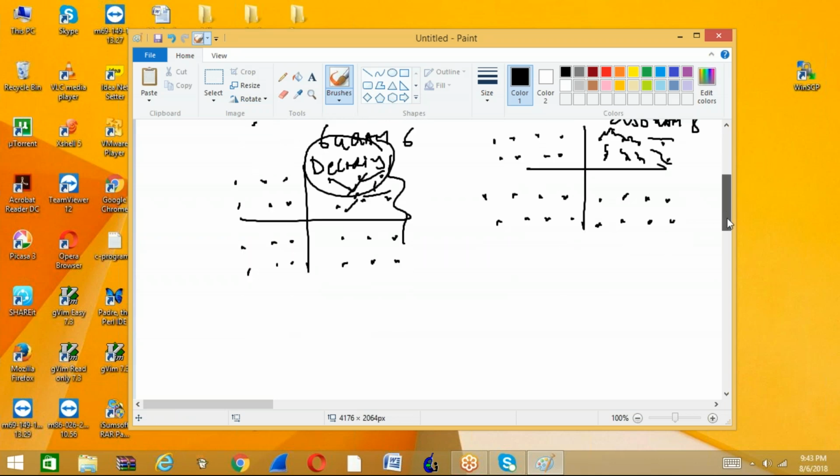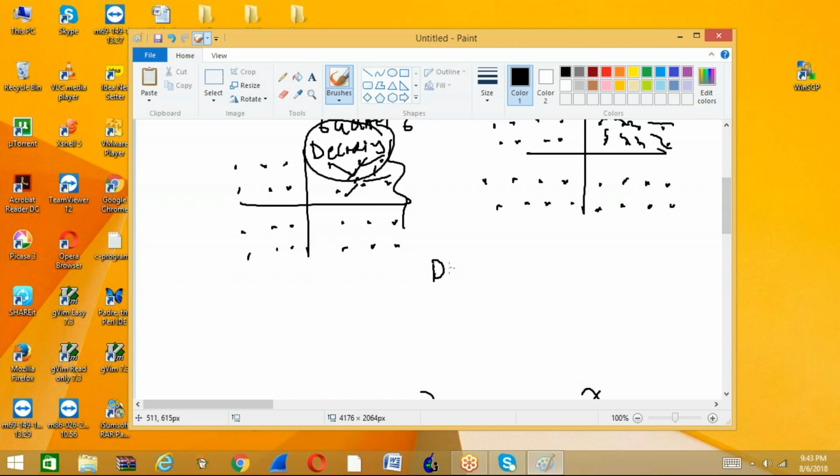So this is the problem: decoding a 256 QAM signal is very difficult.